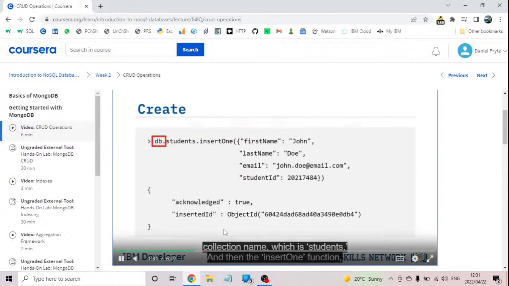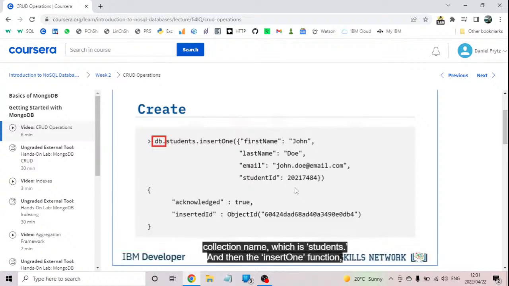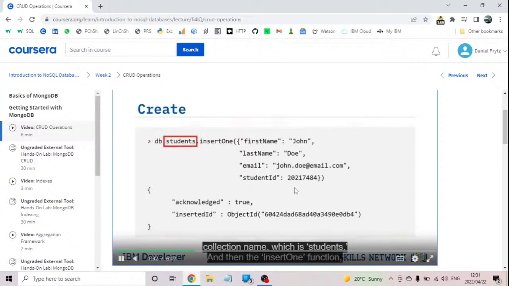Sorry, I missed that, so go back. It takes the form of db, the campus management database. That's our database, that's our collection, that's our create statement. Then students, and the insertOne function, also called a method.